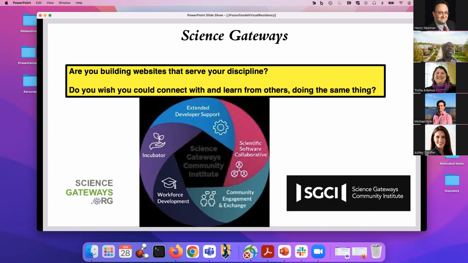They can help you provide developer support, community engagement, exchange, and scientific software collaboration. This is the link to their website. If you're interested in something like that, you can join their community engagement session and ask all the questions. They are very good at helping users with their needs.